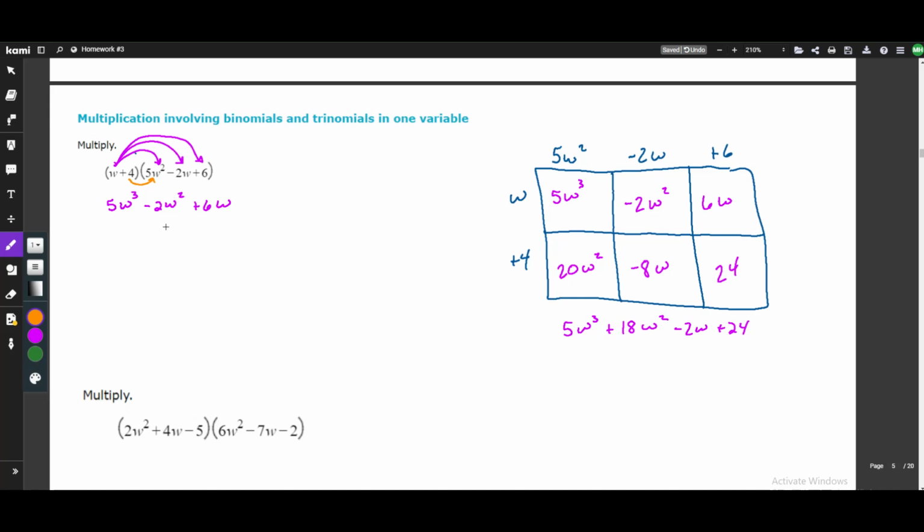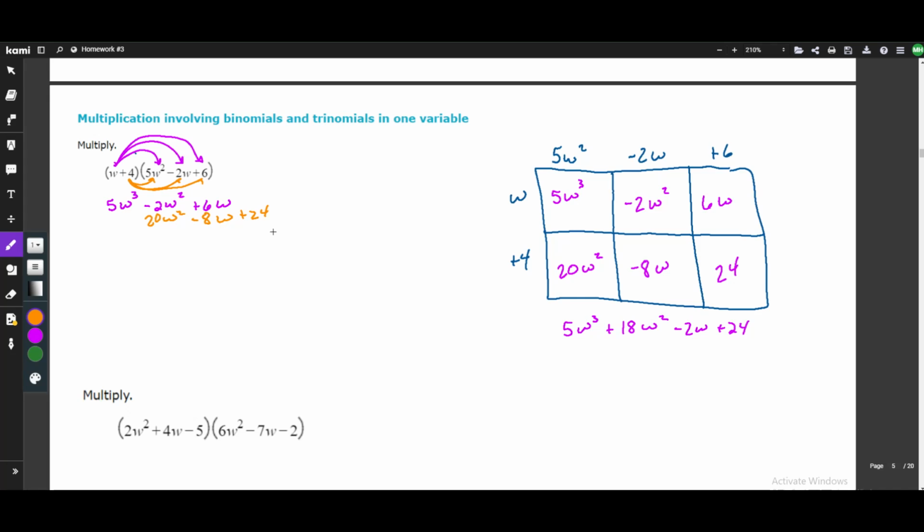I like to write things as a second column instead of keep going to the right. So I'm going to get my like terms to be right on top of each other. So this is going to be 20w squared, and then 4 times negative 2w is negative 8w, and then 4 times 6 is the 24.